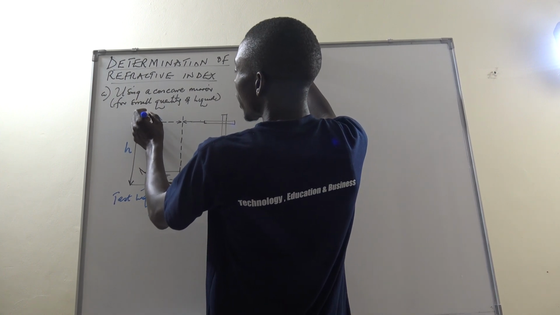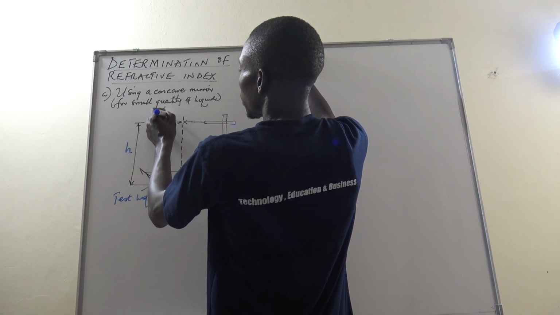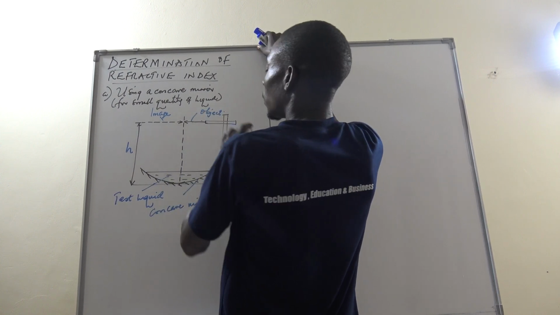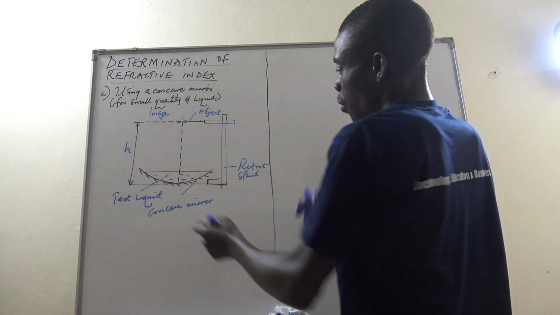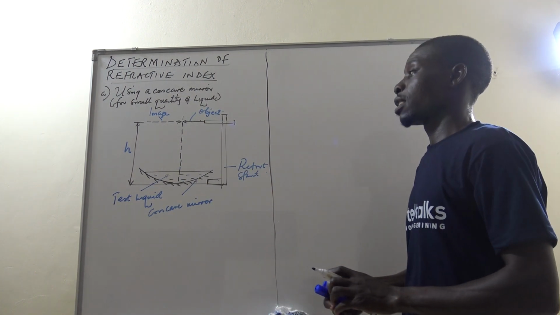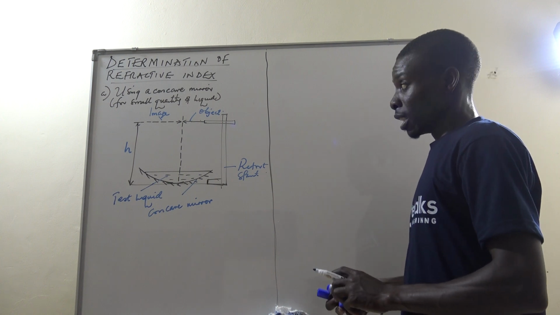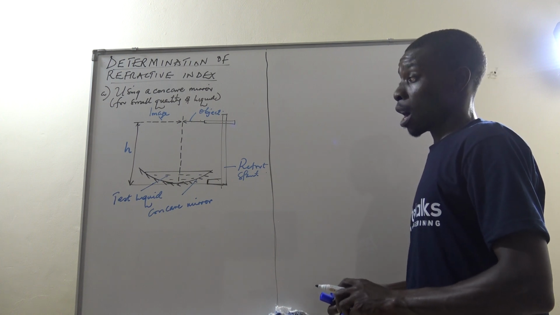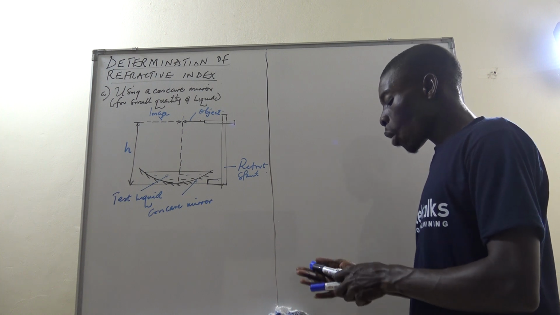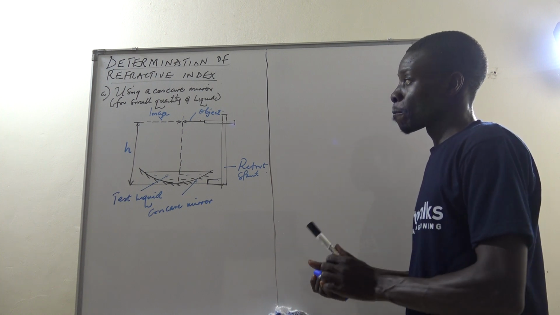This is our image, and this is our object. And I've drawn that line to represent the principal axis of our concave mirror. So, what do you do first?